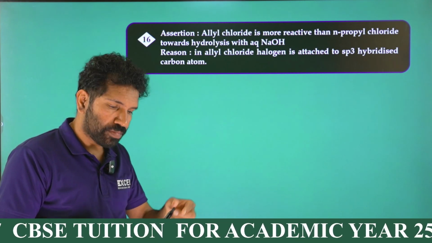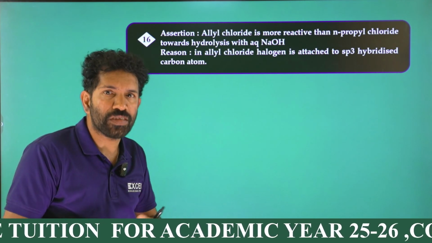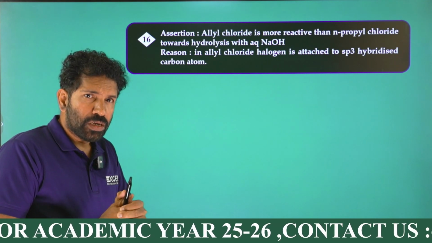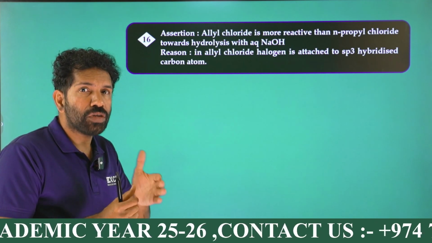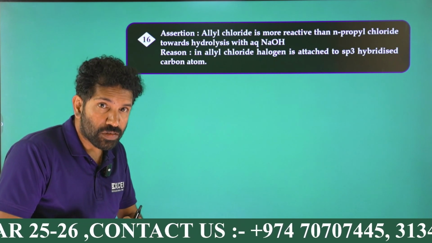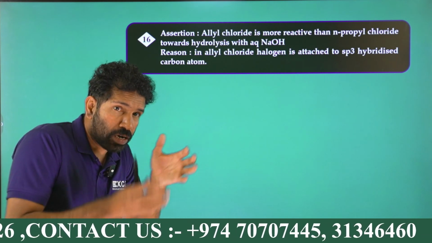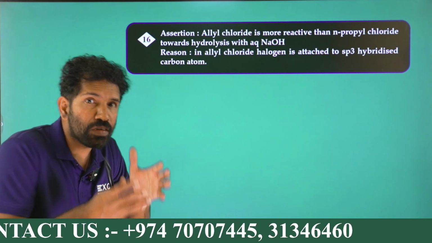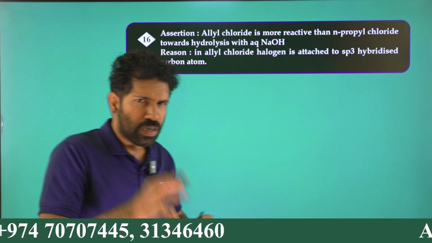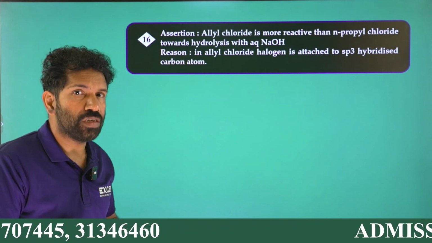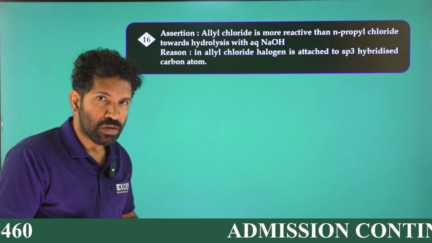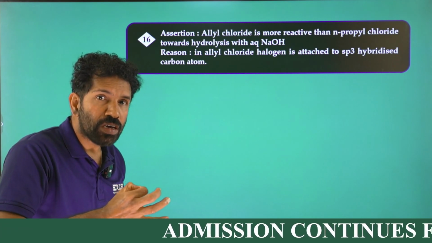Remember, something I will tell you about SN1. Normally in SN1 reaction, you have to remember a very important area. Hydrolysis means the solvent is water. Aqueous NaOH, solvent is water. When the solvent is water, it is called a polar protic solvent.